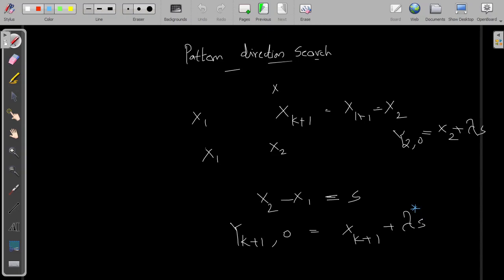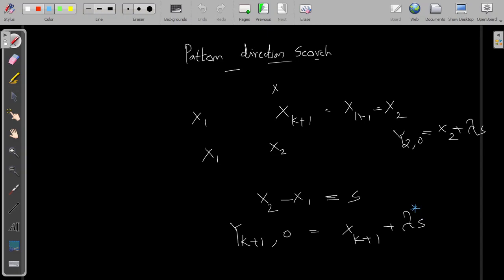Why? Because you can find this lambda star by considering it as a one-dimensional minimization problem. If you refer to it, you will understand.